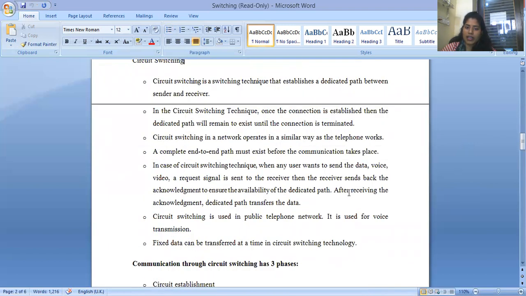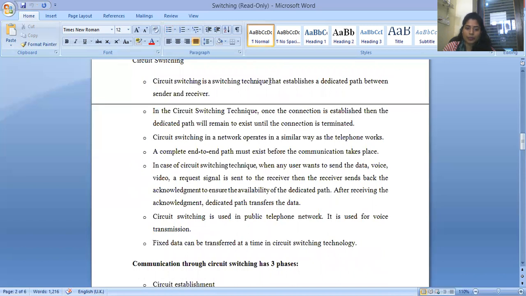Circuit switching is a technique that establishes a dedicated path between the source and the receiver. In this technique, once the connection is established, the dedicated path will remain until the connection is terminated. A circuit-switched network operates in a very similar way to the telephone.